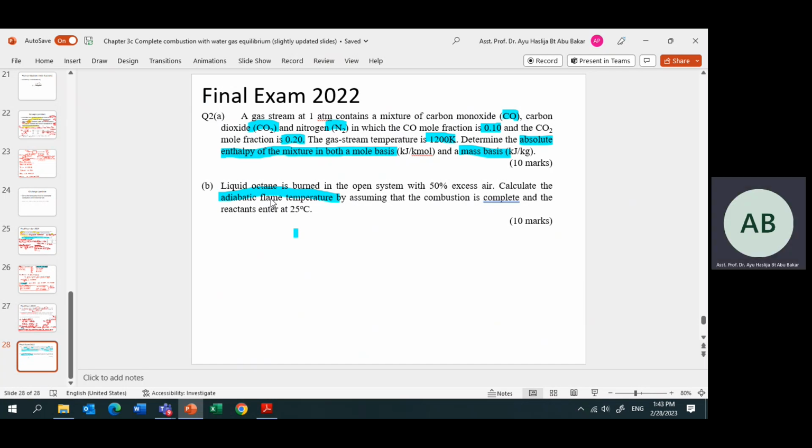Since this question doesn't mention anything on the condition, you can assume constant pressure. It will be easier, unless you want to assume constant volume. It's based on your assumption, because it doesn't mention the condition.